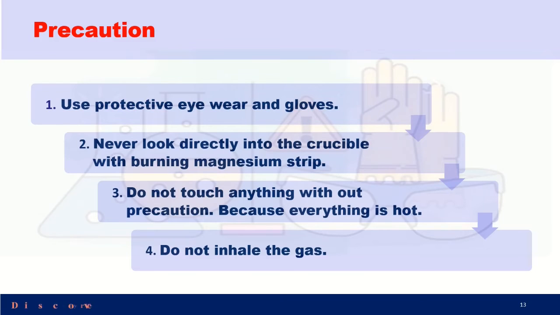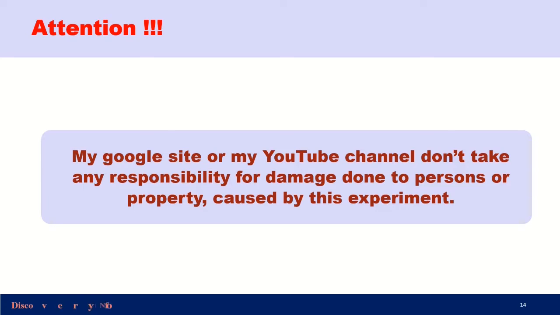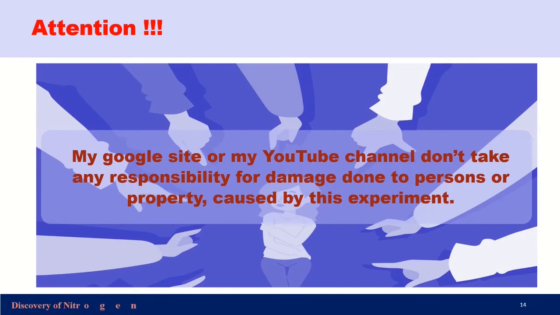Do not touch anything without precautions, because everything is hot. Most importantly, do not inhale the gas, because ammonia gas is produced in this practical. So you must be very careful. Also, my Google site and my YouTube channel do not take any responsibility for damage done to persons or property caused by this experiment.